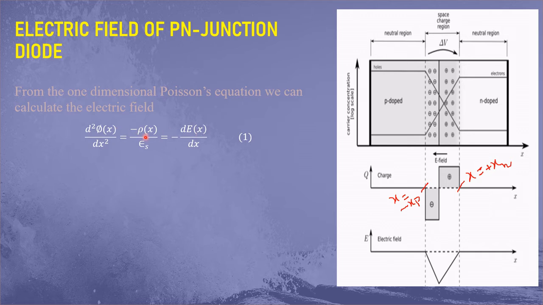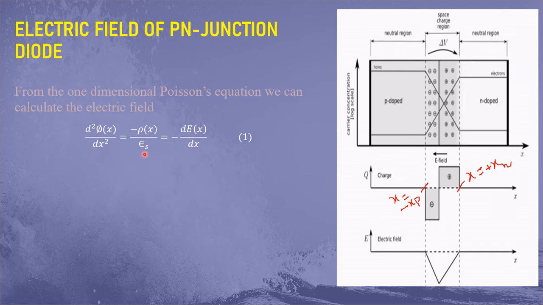Rho of x is the volume charge density and epsilon s is the permittivity of the semiconductor.